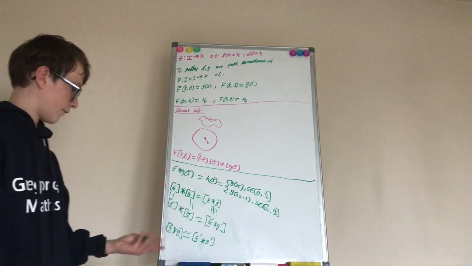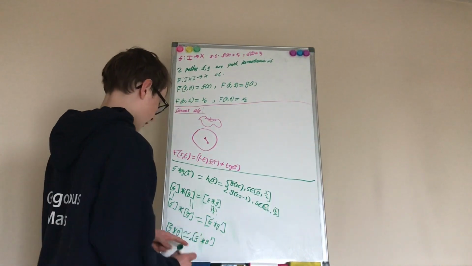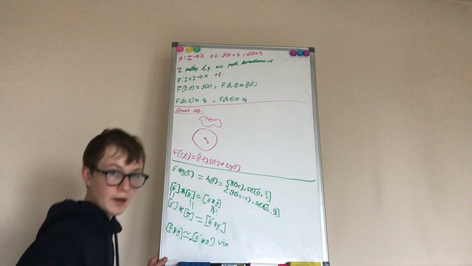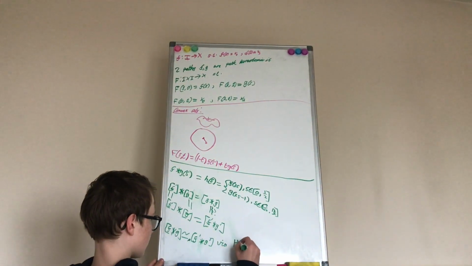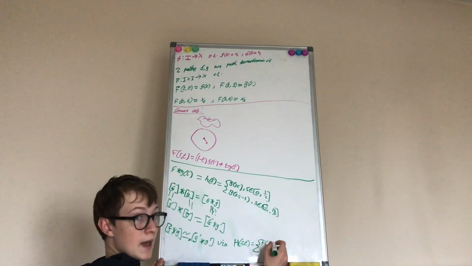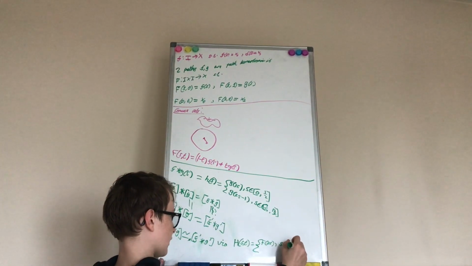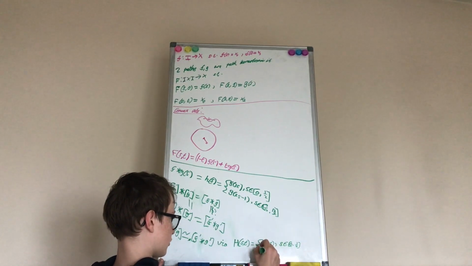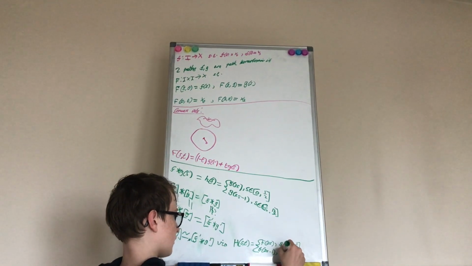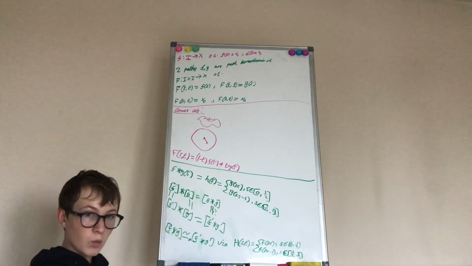As long as they share the same initial and end point, they are path homotopic, via some capital H of s, t equal to capital F of 2s, t for s between 0 and a half, and capital G of 2s minus 1, t if s is between 1/2 and 1.